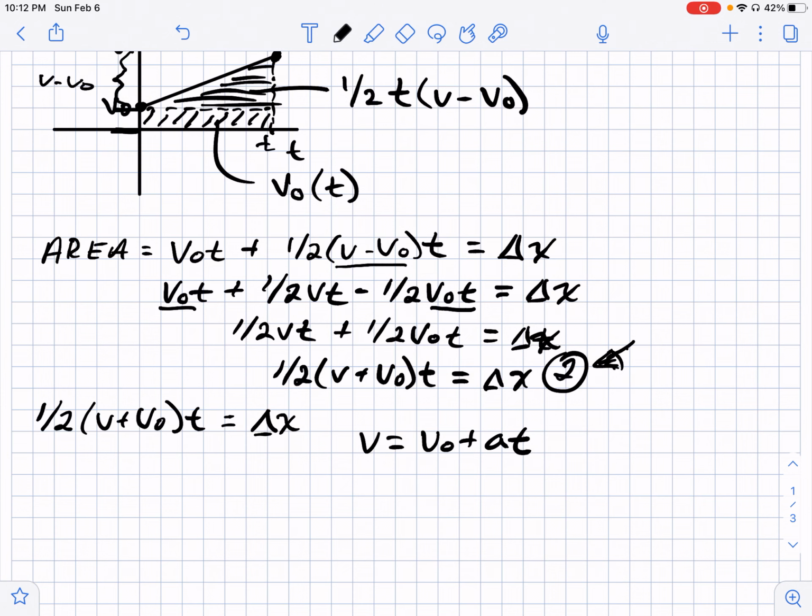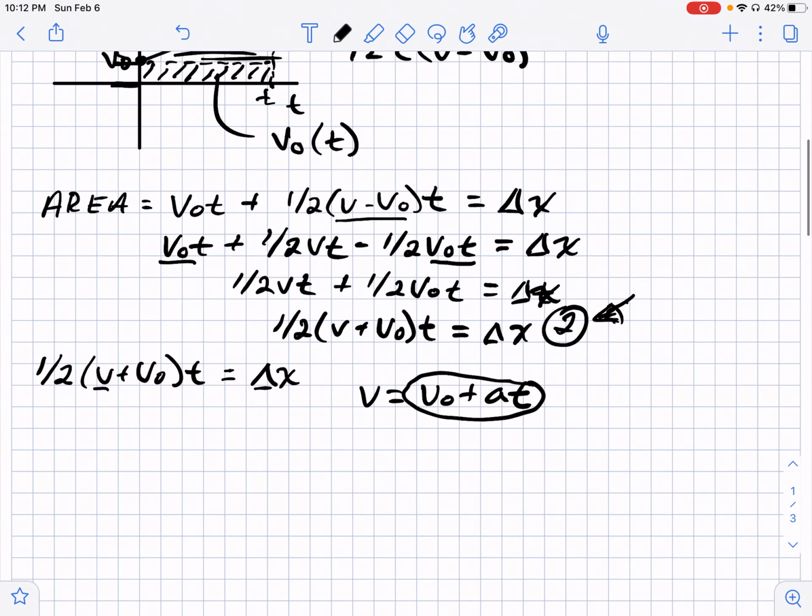So we're going to do a substitution here. For this final velocity, we're going to plug in this right here, and then we're going to do a little bit of deriving. So if I do that, I have 1/2 (V naught plus acceleration times time plus V naught) times T, and again that's equal to delta X.